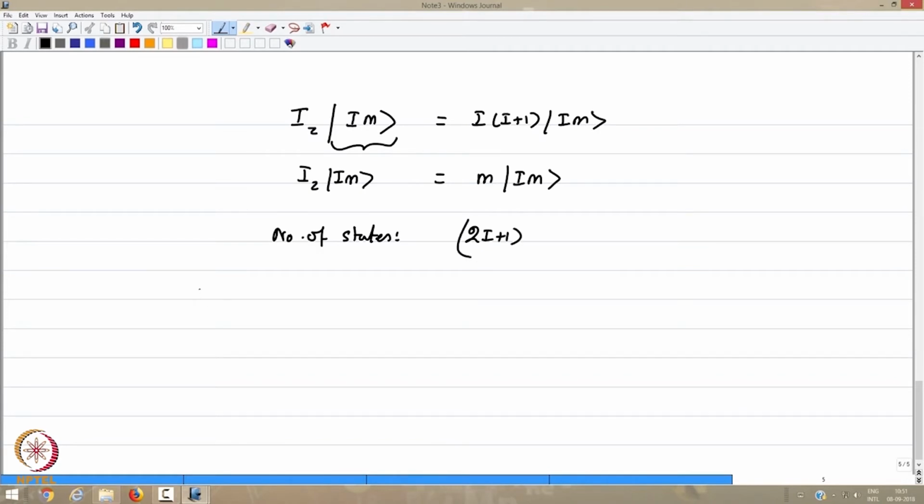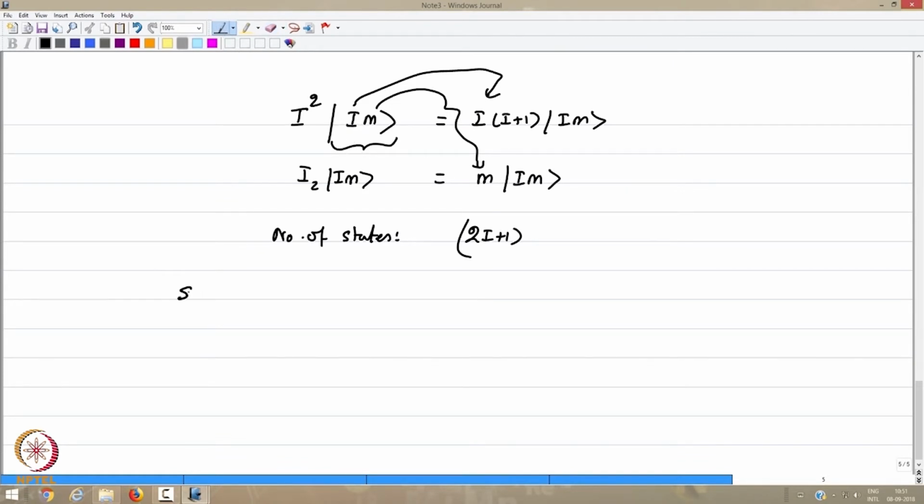Therefore, if you think about a spin 1, the I here corresponds to this quantum number, and the m here corresponds to this quantum number, because this is I square, I am sorry, this is not Iz, this is I square. I square and Iz being the operators which commute among themselves, only two quantum numbers describe the spin state of a single spin, and these two quantum numbers are used to represent the state Im.